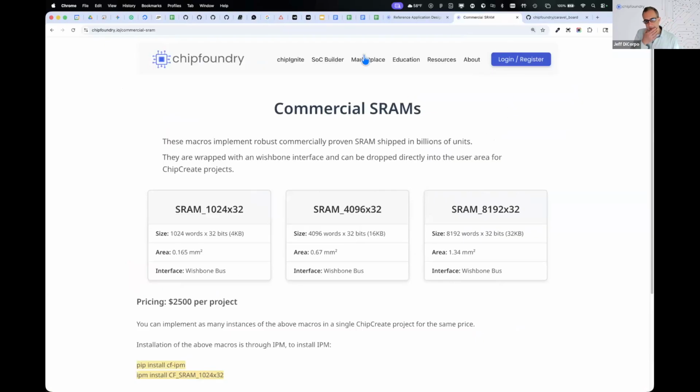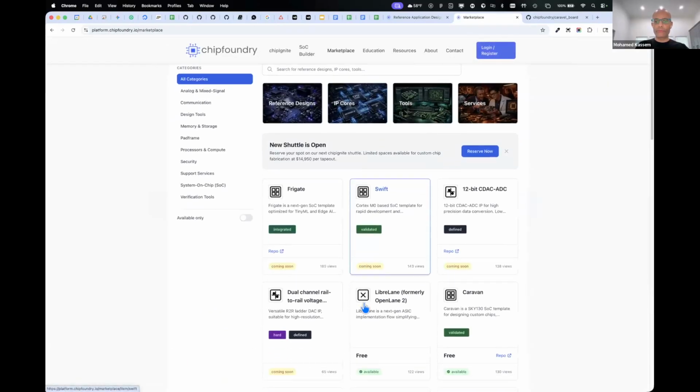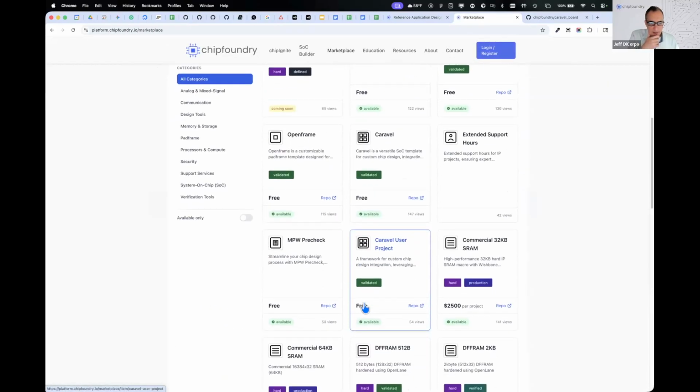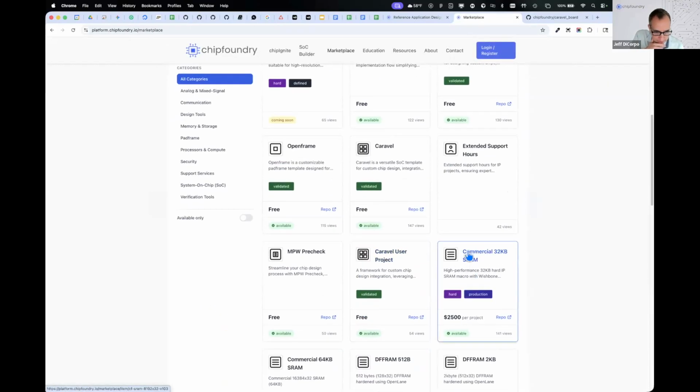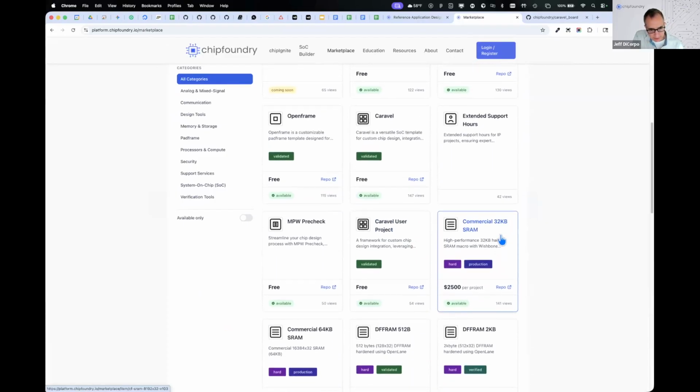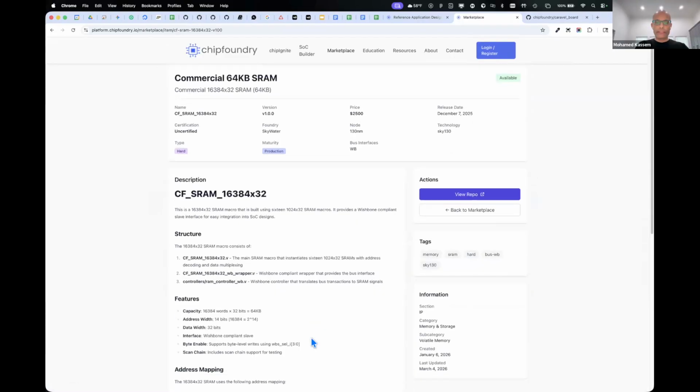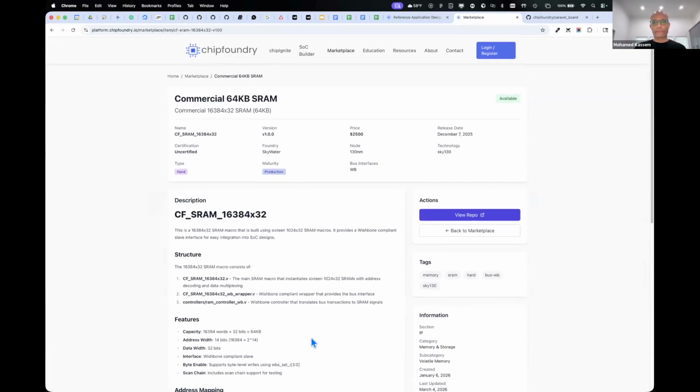So your advice is to look in the marketplace? Well, yeah, and unfortunately I have to make sure the marketplace has it. Yeah, there it is, a 64K at the bottom. So that's the one that Marwan was referring to. Yeah, and again, in this case, the cost of that memory is going to be part of the winning. You don't need to be concerned about the cost of that.